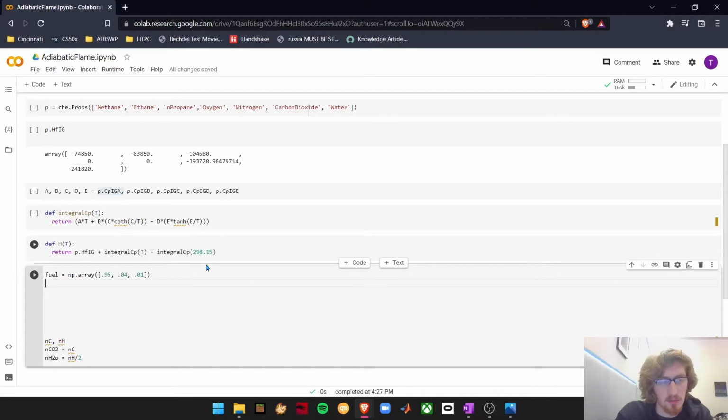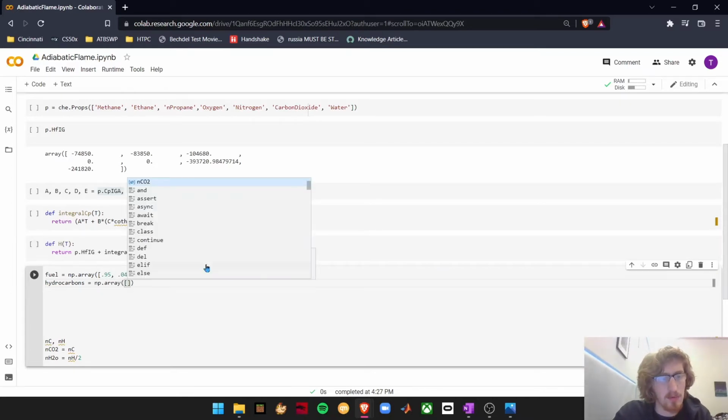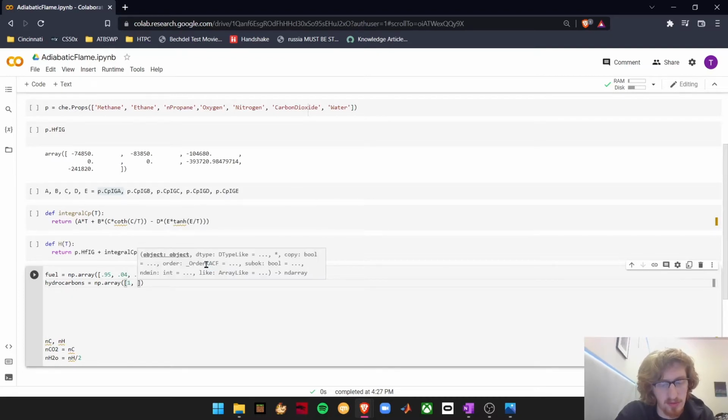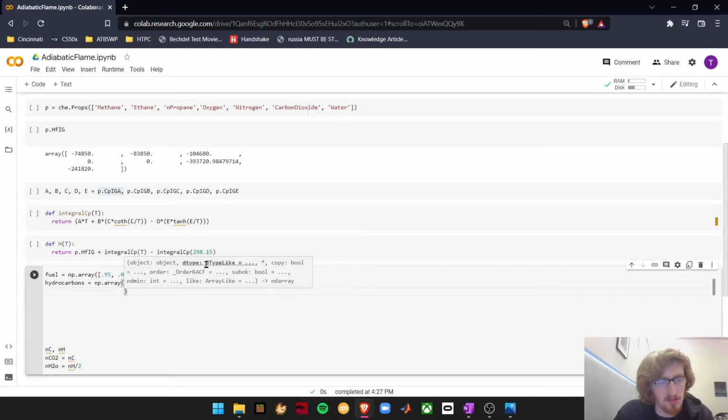So we're going to make another one, and I'll just call it hydrocarbons. And we're going to make another array. This time we want it to be a 2 by 3, or 3 by 2. And we're just going to put in the number of carbons and the number of hydrogens for each of our elements. And we'll do it like this just to make it easier to picture.